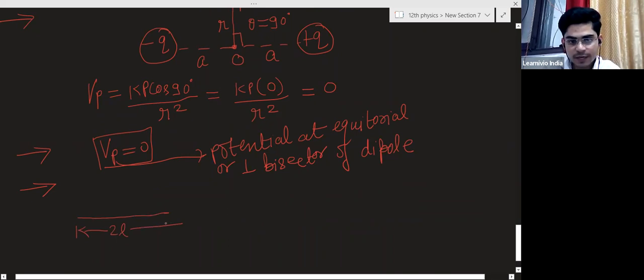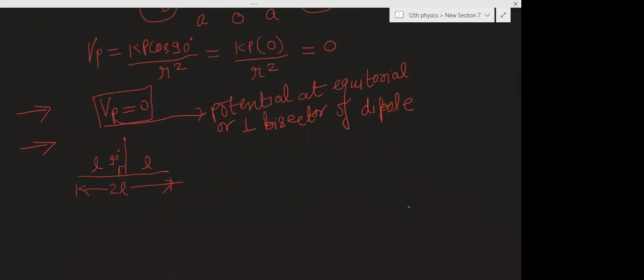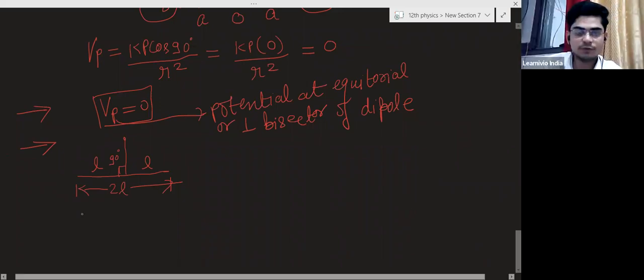If I draw a perpendicular bisector, it will divide this line into equal distances and will make an angle of 90 degree with this line. Okay, fine. Hamza, please tell me if you have any problem.